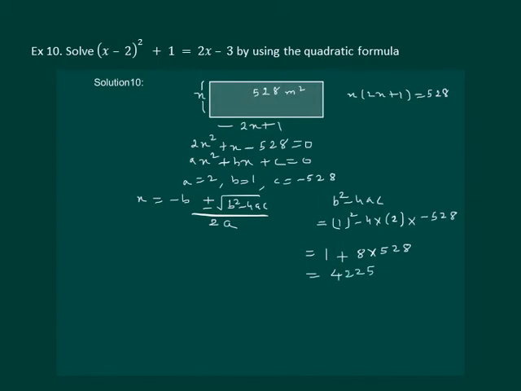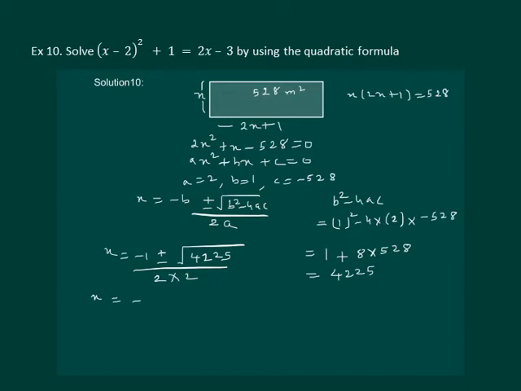Now we can directly find the roots of this equation by substituting in the quadratic formula and get x equal to minus 1 plus minus under root of 4225 by 2 into 2. Solving further, we find that the square root of 4225 is 65.